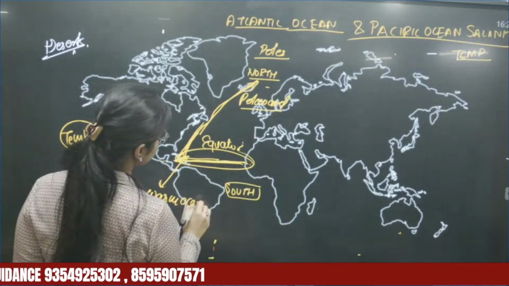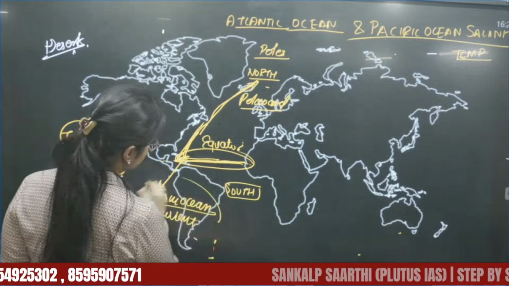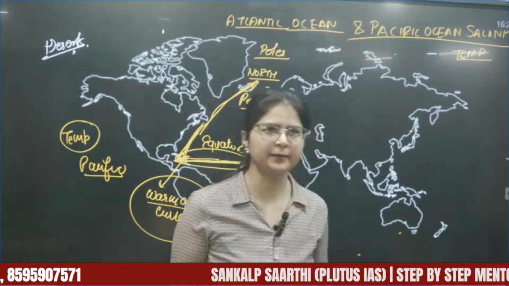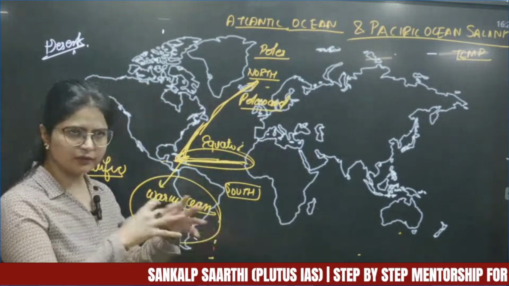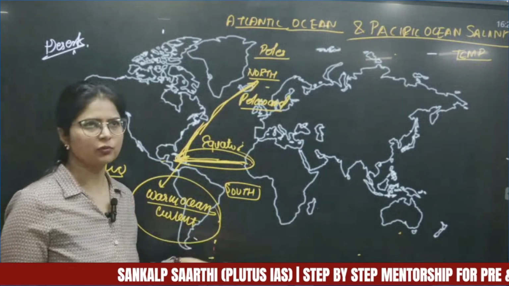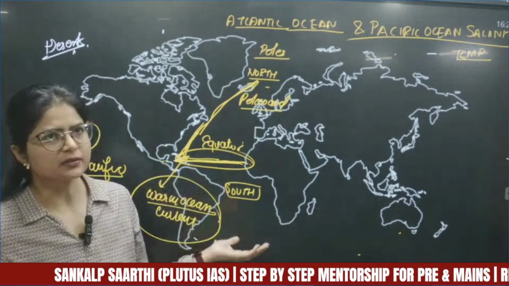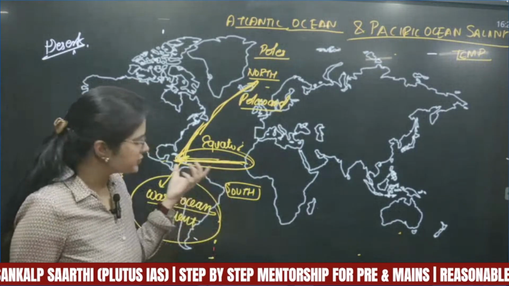You must have read it in GS, although we are going to do the warm ocean current very soon. Ocean currents as a topic, we are going to do it in detail. But right now, just assume that, even if you have not done anything related to oceanography, it can be easily understood. Why? Because I'm just telling you that Gulf Stream is warm in nature.